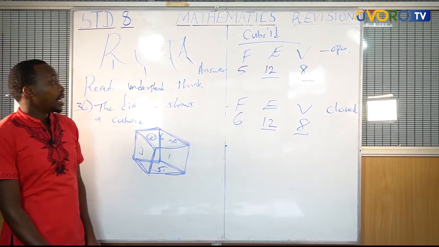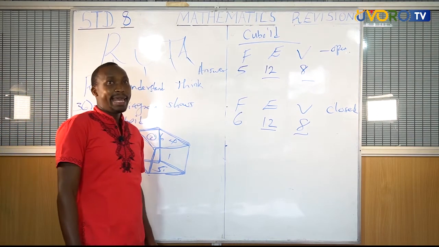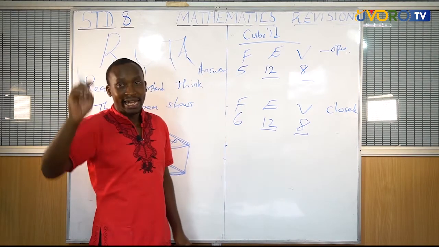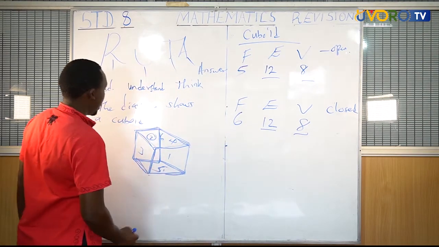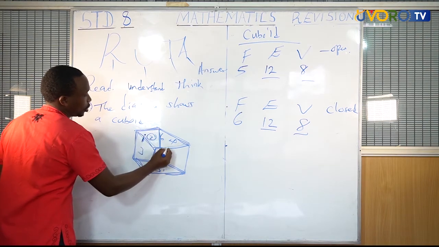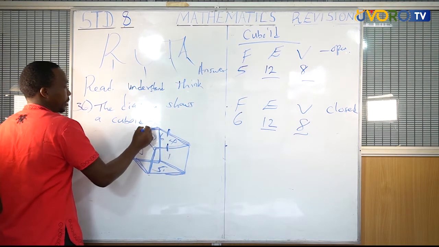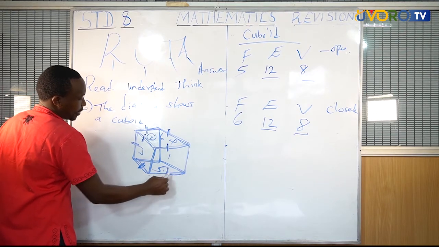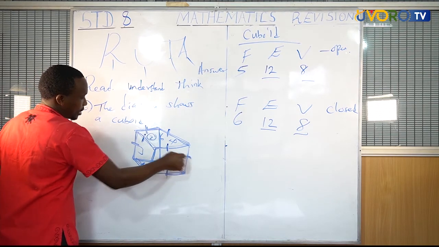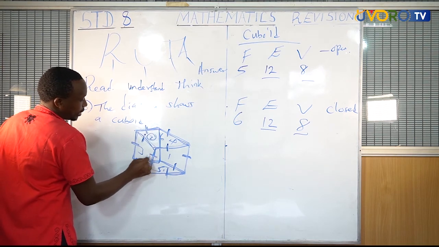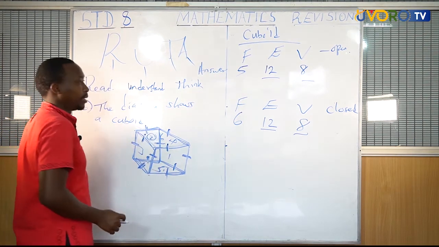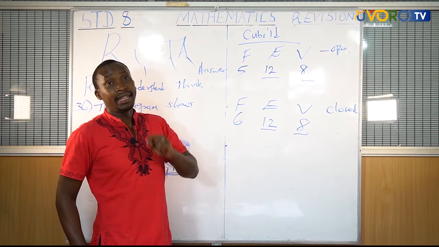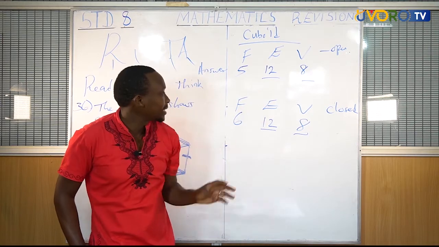We go to the edges. Edges are the lines that join each other. This one is 1, 2, 3, 4, 5, 6, 7, 8, 9, 10, 11, and the last one, 12. We go to the vertices. These are the ones that are at the corners.